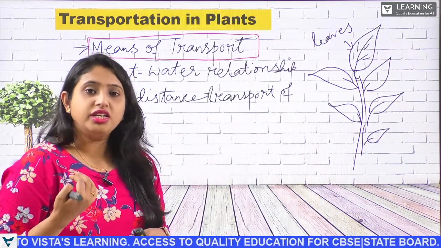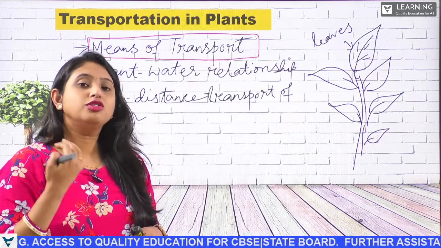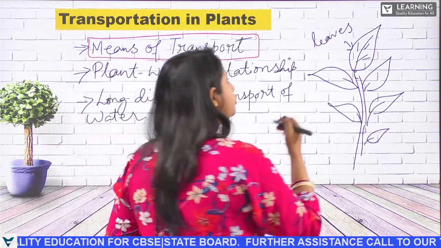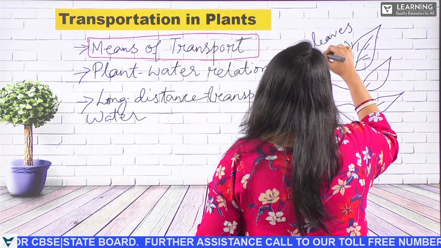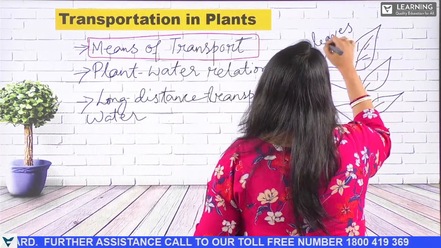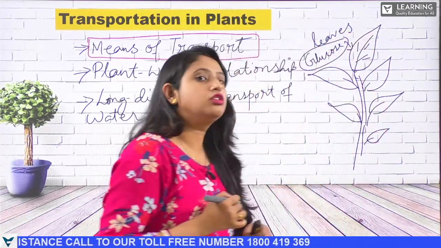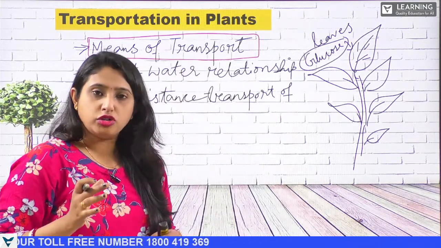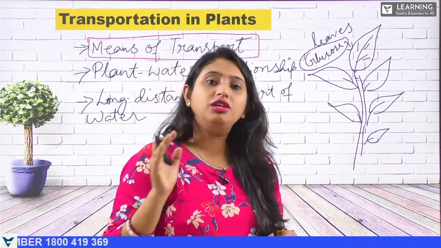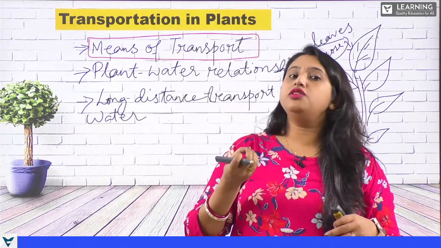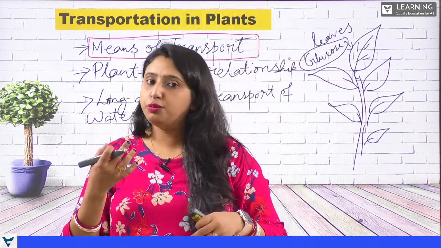So it is supplied in the form of glucose or sucrose or fructose. So the food, glucose or sucrose, needs to be transported to all the parts of the plant, not only the leaves, right? See, if the leaf is getting the nutrition, what about the other parts, right?